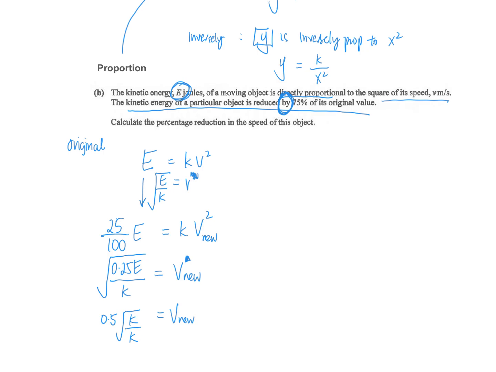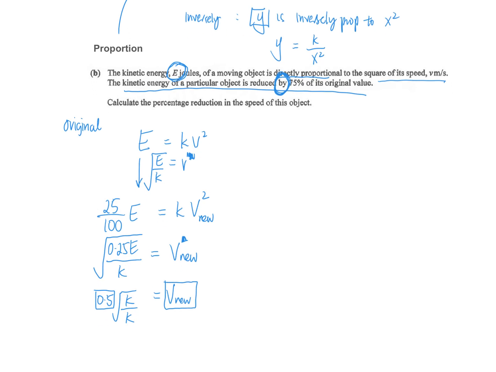So what is happening is that, can you see my new V is 0.5 of my original V? It is E. Can you see this is my original V? So what is the percentage reduction? Now I'm only left with 0.5 of my original V.